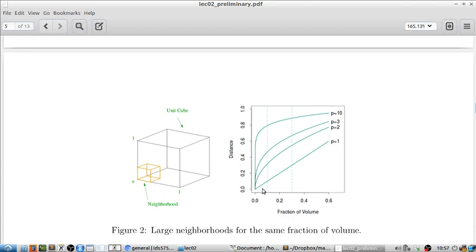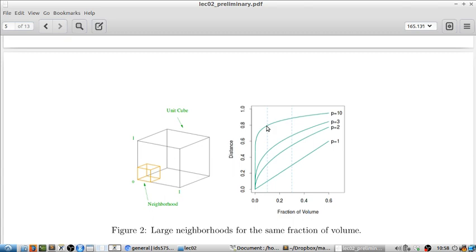So for the same, this is the inverse plot here. For the same volume, the range of each dimension that you need to cover is very high. So for a 10-dimensional cube, you need the side length of your cube to be 80% of the total length. A unit cube just means in each axis it's 1 unit.